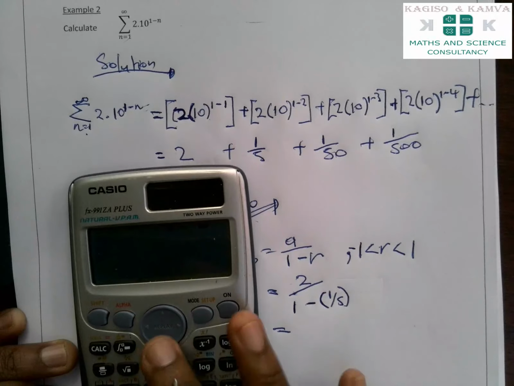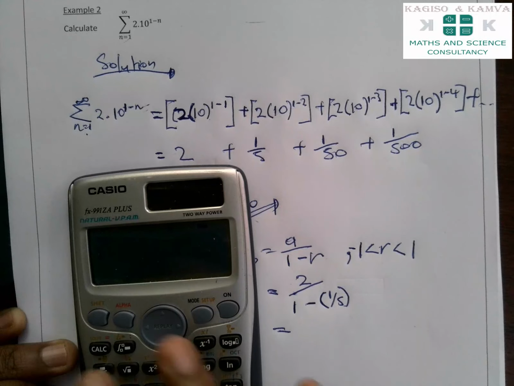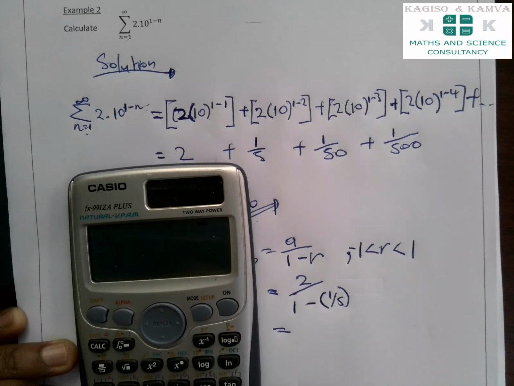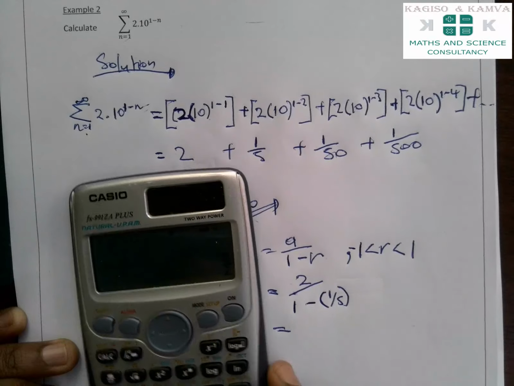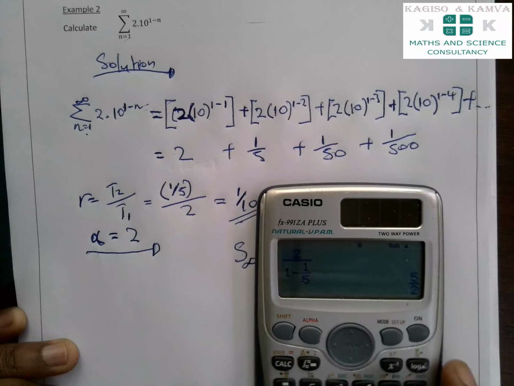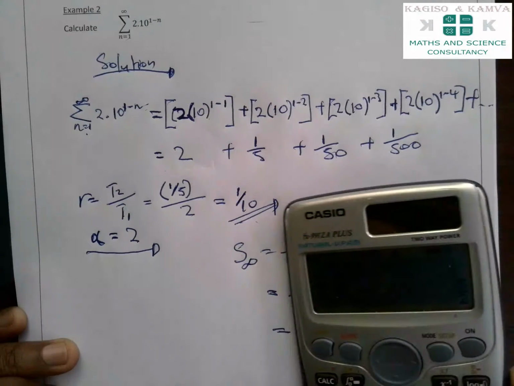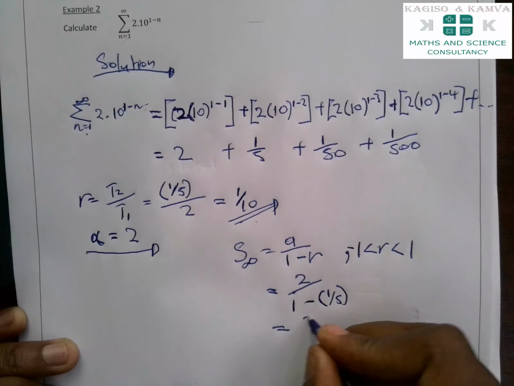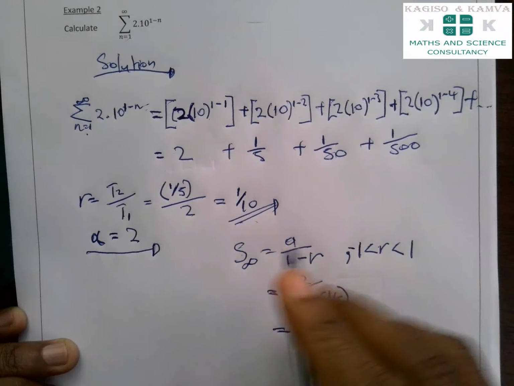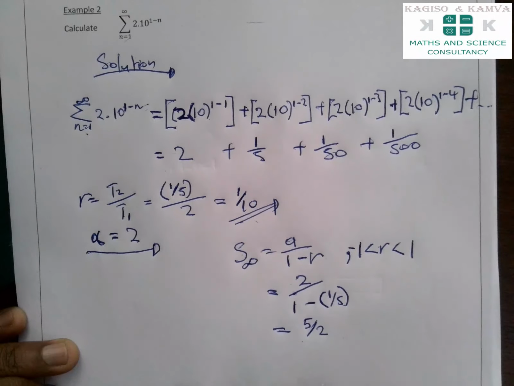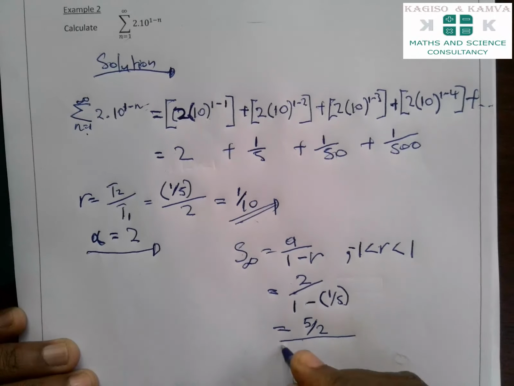This will be 2 over 1 minus 1 over 5. So the answer is 5 over 2. So this series is going to converge to 5 over 2.